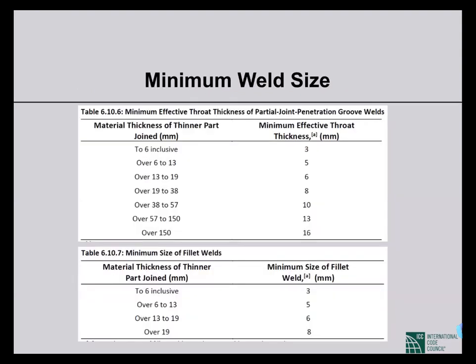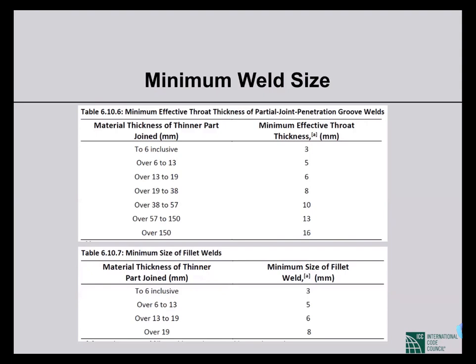Now in BNBC we have requirements of minimum weld size. So depending on the thickness of the base metal, we have to know what should be the minimum effective throat thickness. This is minimum. We can provide more. It will come from our calculation, but there is a minimum.